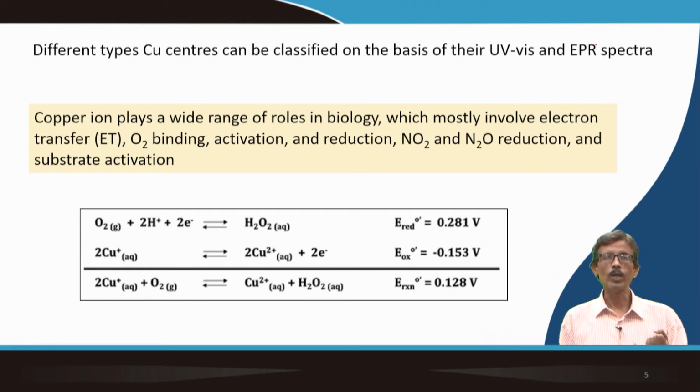Similarly, the browning of the potato skin is due to the presence of catechol oxidase. So, copper is present, and copper basically activates your dioxygen molecule such that you can oxidize some other substrate while it is settling between these two, because this is in equilibrium between copper 2 and hydrogen peroxide and between copper 1 and oxygen.